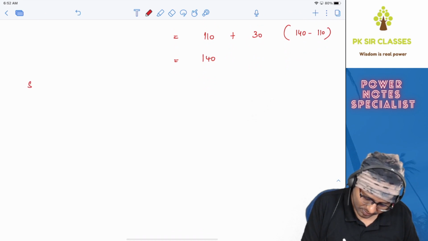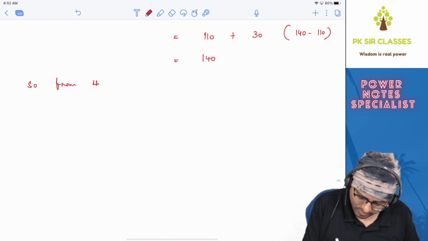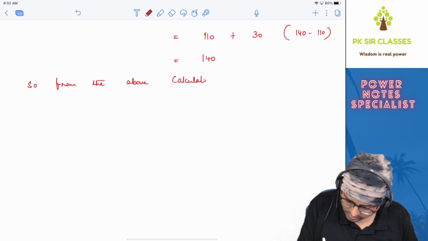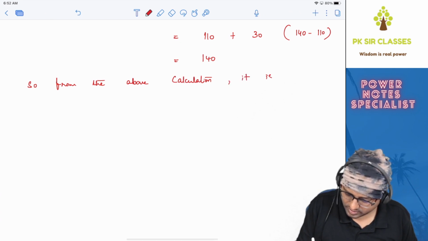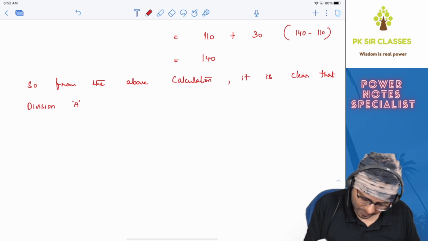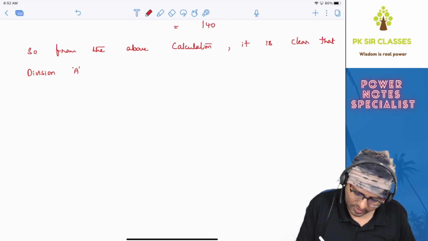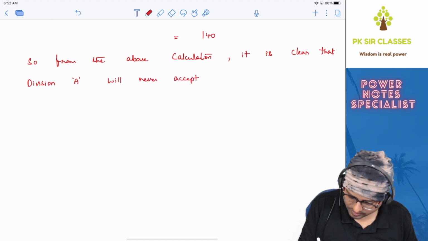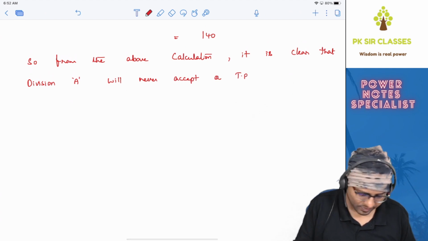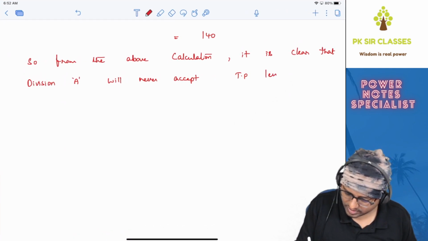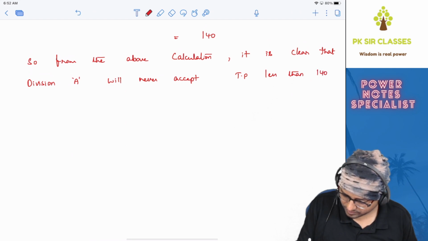So from the above calculation, it is clear that division A will never accept a TP less than 140.